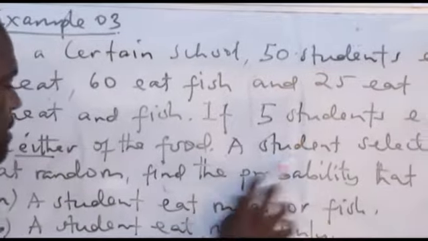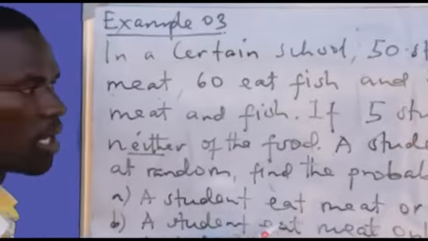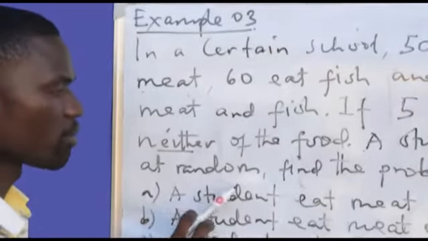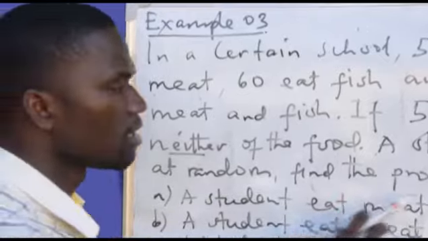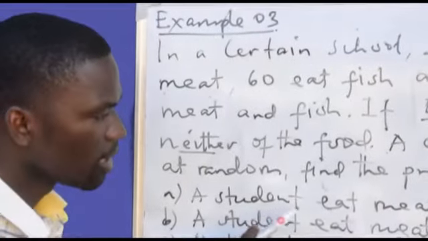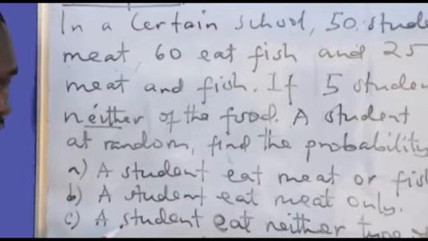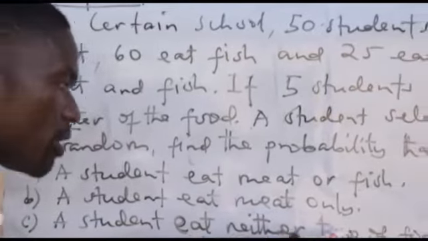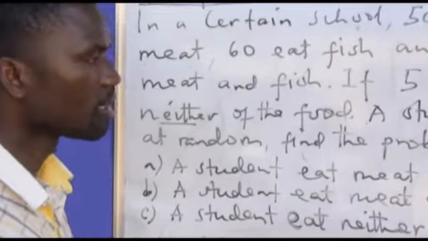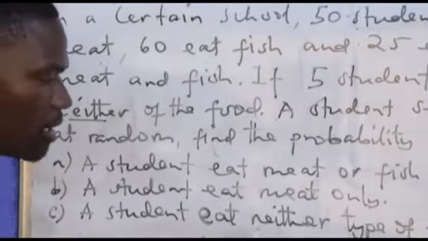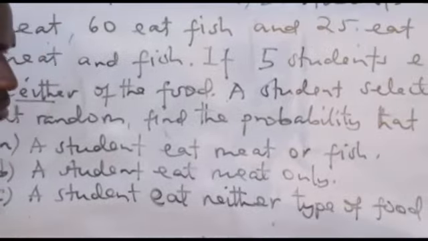If 5 students eat neither of the foods, and a student is selected at random, you are asked to find part A, the probability that a student eats meat or fish, part B, the probability that a student eats meat only, and part C, the probability that a student selected at random eats neither type of food.